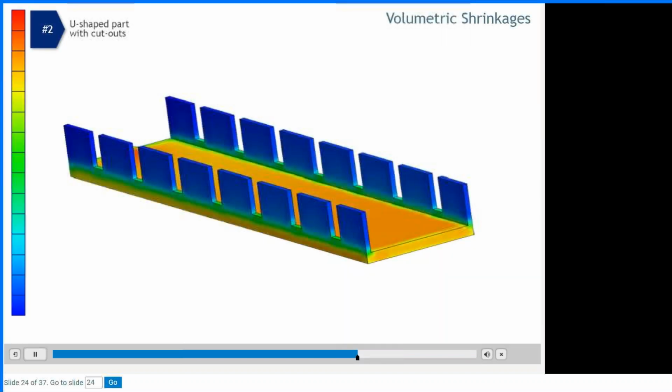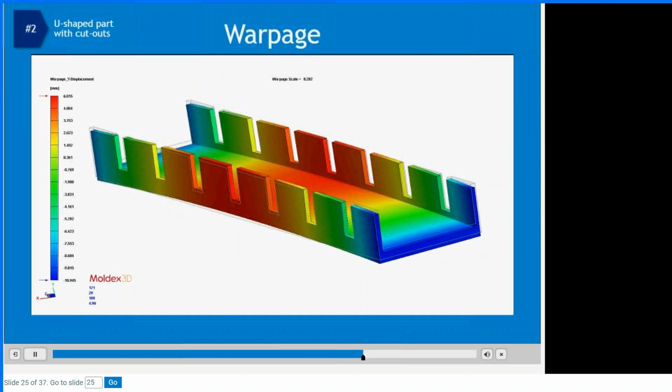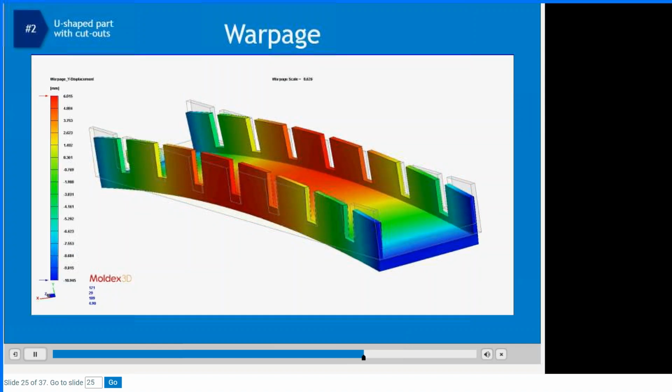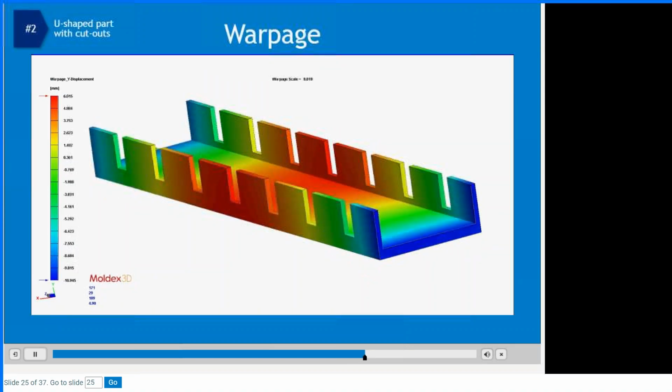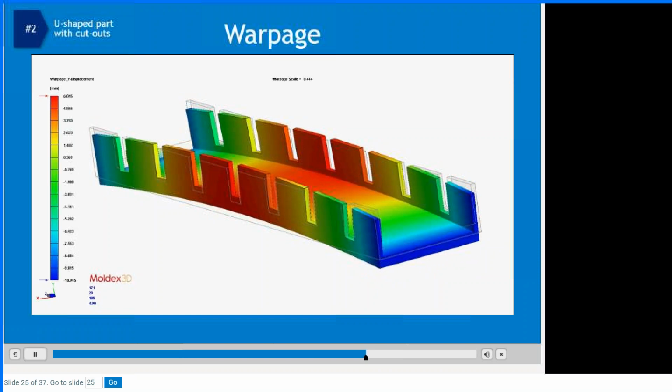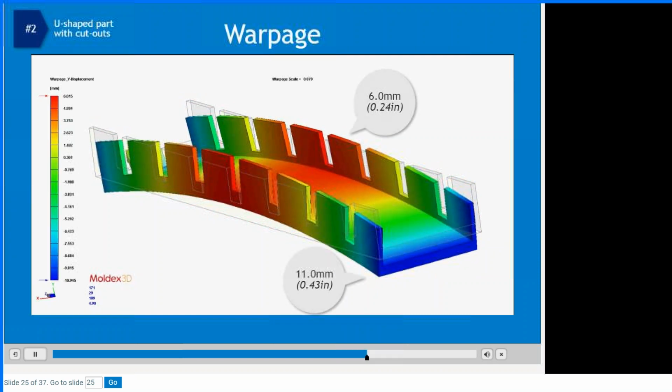The maximum volumetric shrinkage results on screen indicate high shrinkages, similar to the previous example. Let's see if the cutouts influence part warpage behavior. The animation shows that the cutouts did not have a significant impact on part warpage. The part still bends up in the center by 6 millimeters and down 11 millimeters at the ends.